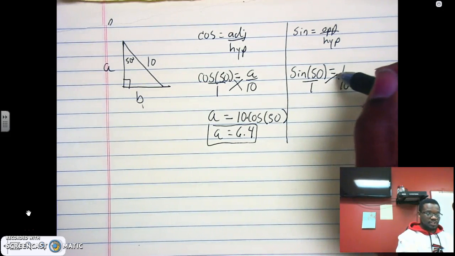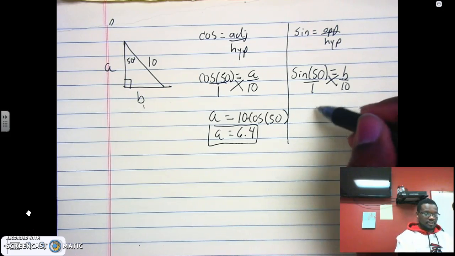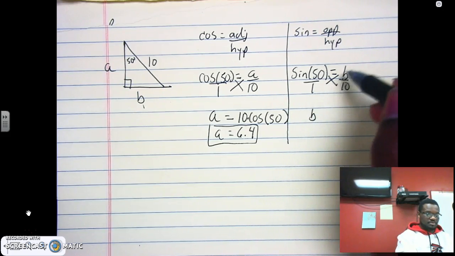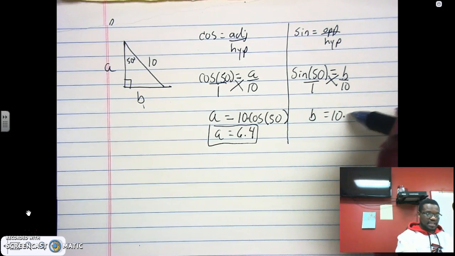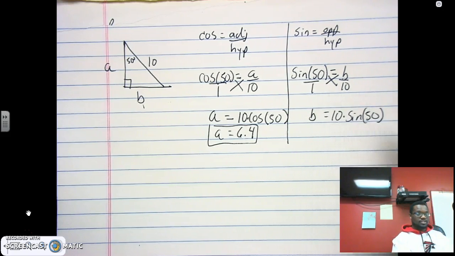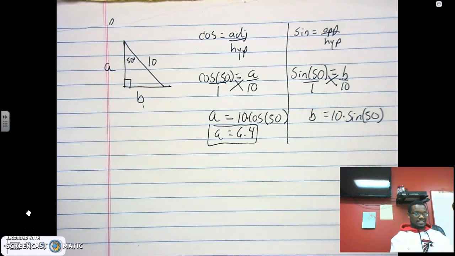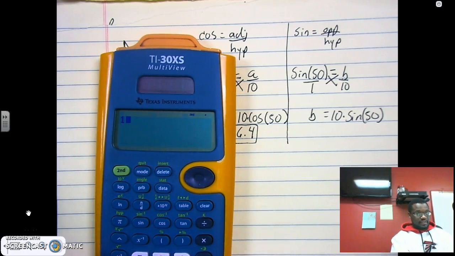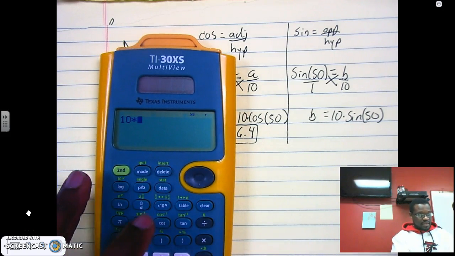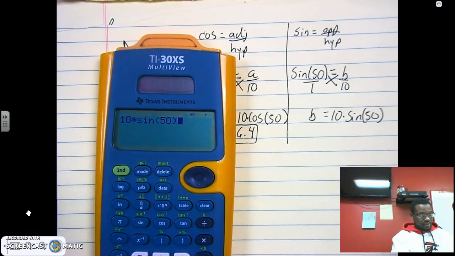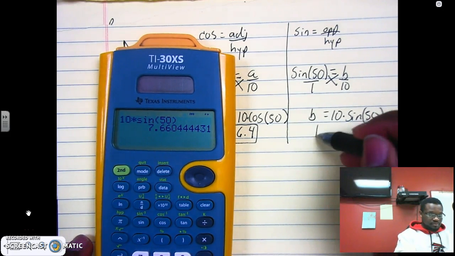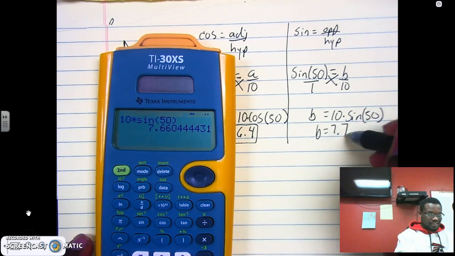You've got your proportion here, so you cross multiply. One times B is B, equals 10 times sine of 50. Again, I always like to put the number you're multiplying by in front, and close up that angle. When we do 10 times the sine of 50, we get B equals 7.7 when you round.